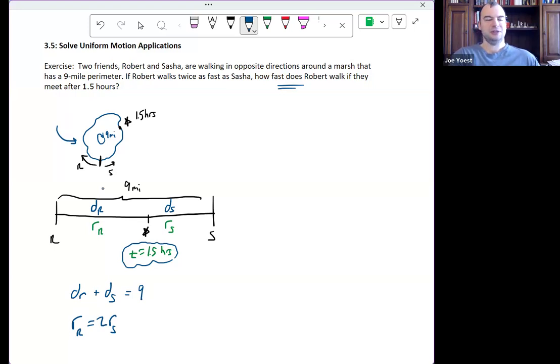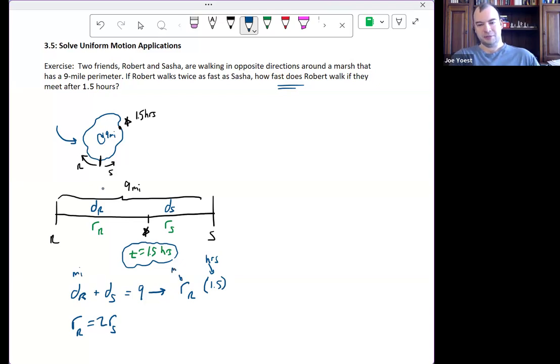But I can connect the distances to the rates using distance equals rate times time. So, oh, that should be a capital R. The distance for Robert is going to be Robert's speed times the time. Well, that's just 1.5. I see my 1.5 is in hours, and my distance is in miles.